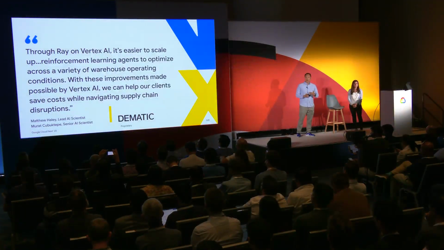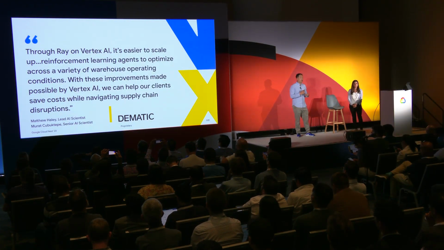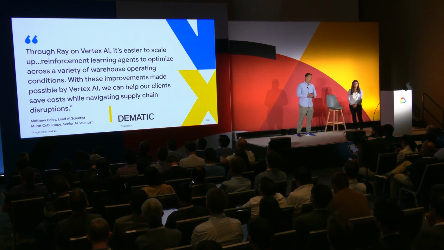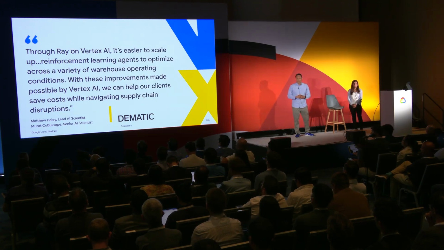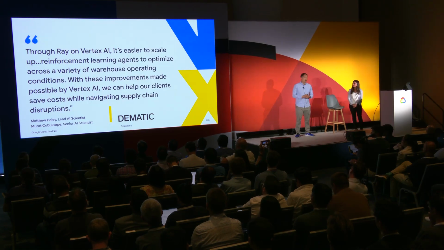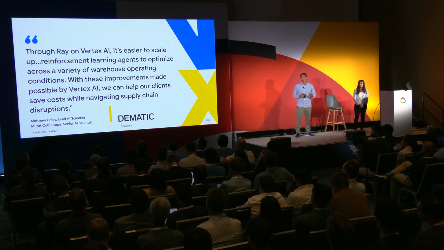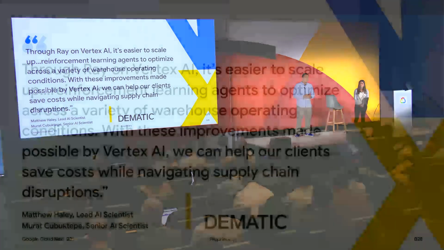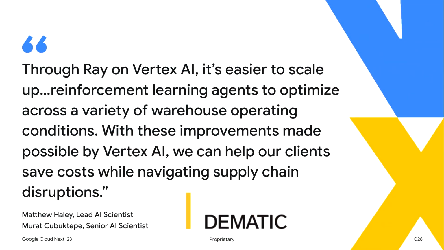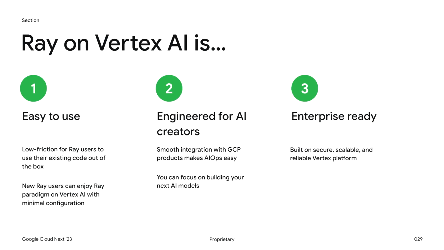When I was showing them our roadmap and where we were going with Ray on Vertex AI, the Dometic team really found it exciting, and they're using us to scale up and to manage different RL agents for their use case so that they can serve their customers and help them deliver more value.